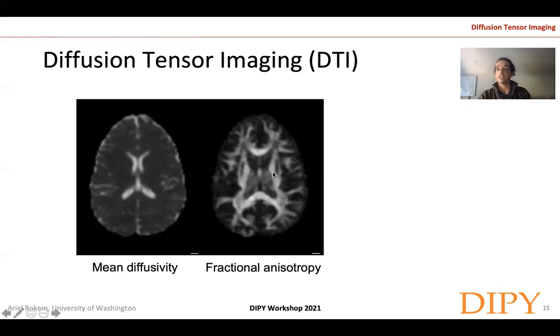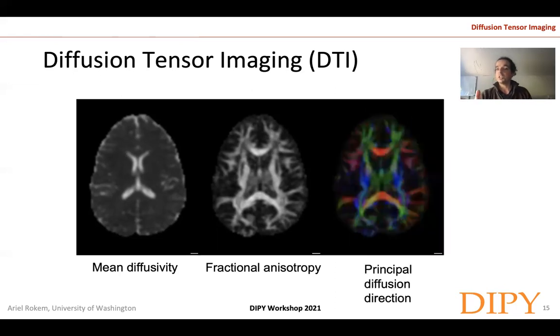In contrast, in these white matter bundles, for example, the corpus callosum or large white matter pathways, the fractional anisotropy is high because their diffusion is relatively restricted to some directions relative to the other directions. Finally, we can take the first eigenvector, and that's the principal diffusion direction.